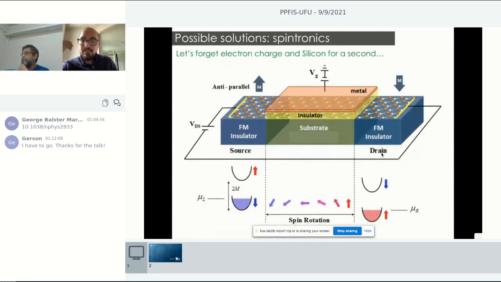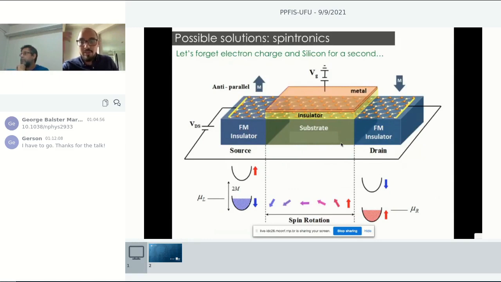So this essentially requires a control mechanism in the central region. We would like to have a spin current here and use, for instance, an external electric field to change the direction of the spin.